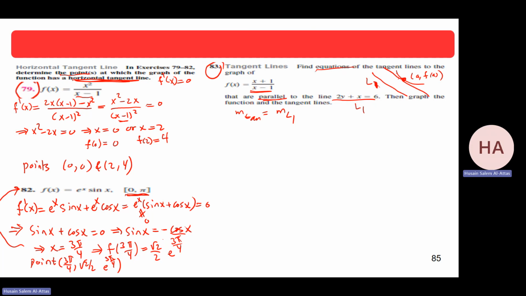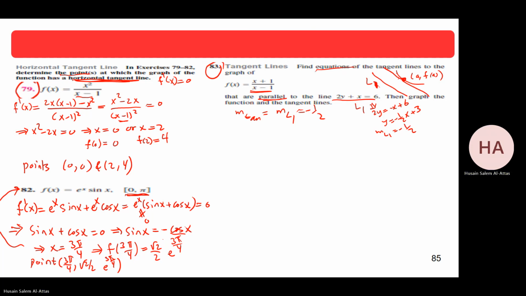Okay. What is the slope of L1? If you rewrite it, dy equals minus x plus 6, so y equals minus half x plus 3. So the slope of L1 is minus half. So this is equal to minus half.